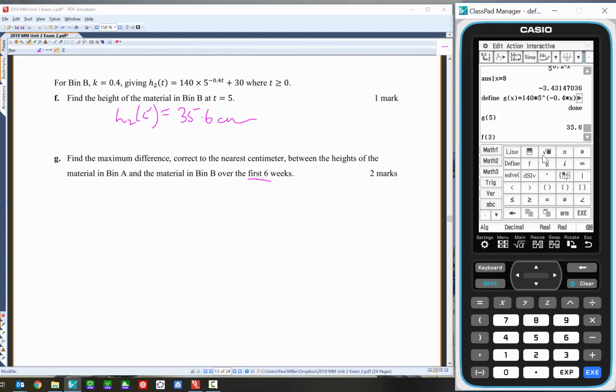If I do f of 3 take away g of 3, was it 2 weeks? I can't remember. F of 2 take away g of 2. Oh, it was after 2 weeks.